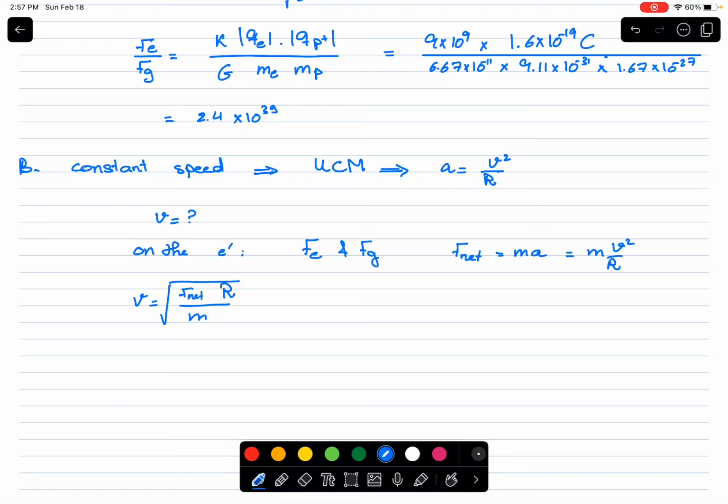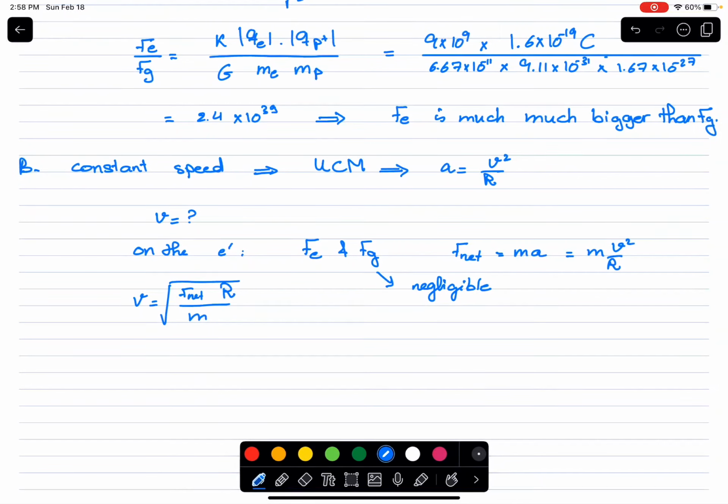Now, if we look at our forces, we have seen before that the electric force ratio to the gravitational force showed us that Fe is much bigger than the gravitational force. This means that the gravitational force can be considered negligible, and then F net can be written as the electric force only.